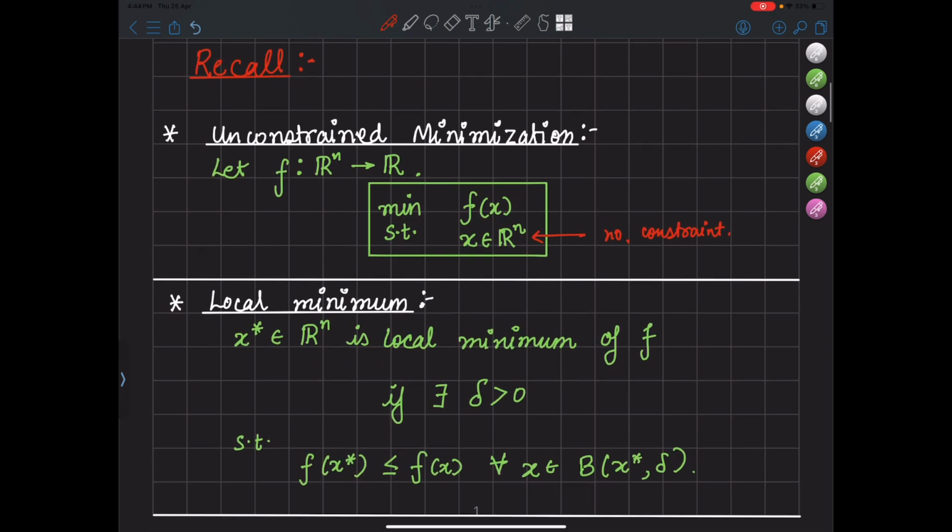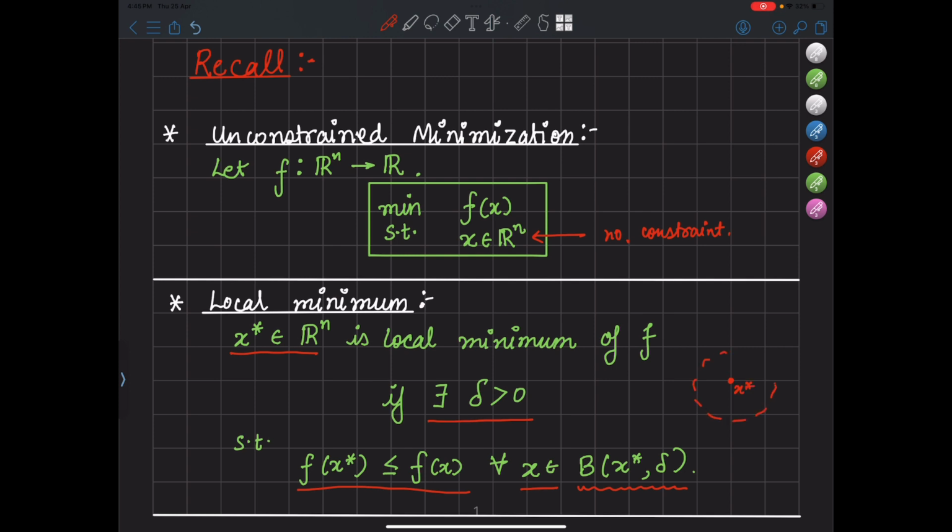So let's discuss what is a local minimum. Let x star be some point in Rn such that it is a local minimum of f if there exists a delta greater than 0, a positive value delta, such that f(x star) is less than f(x) for all x belonging to a ball of radius delta centered at x star. So let's say x star is a point that we want to check if it is a local minima.